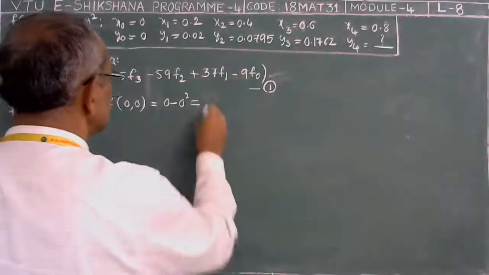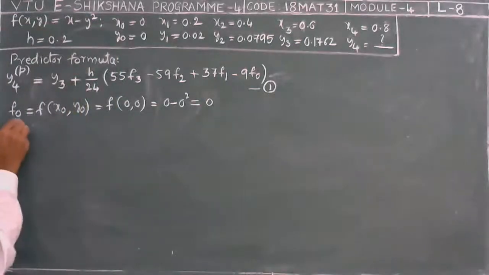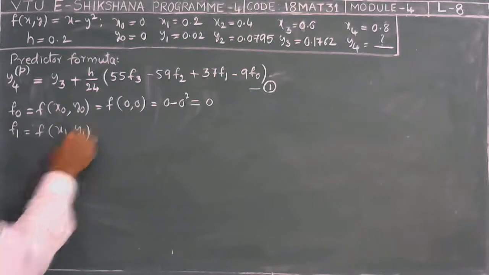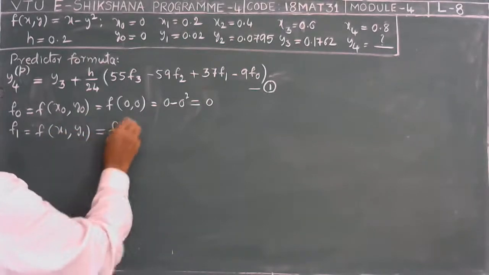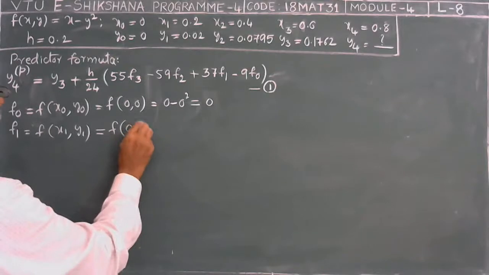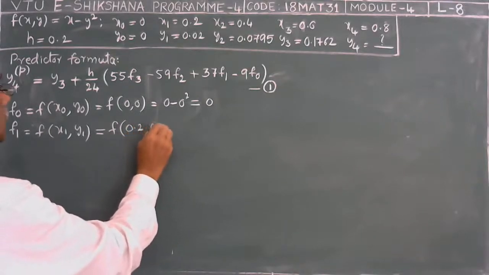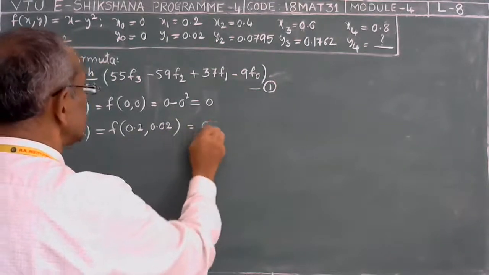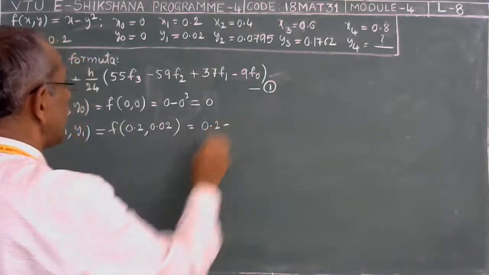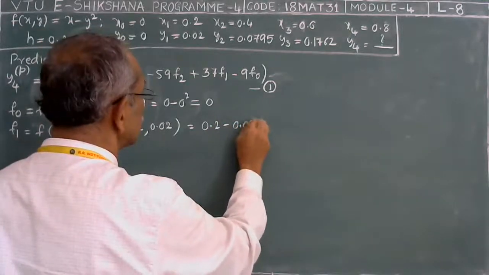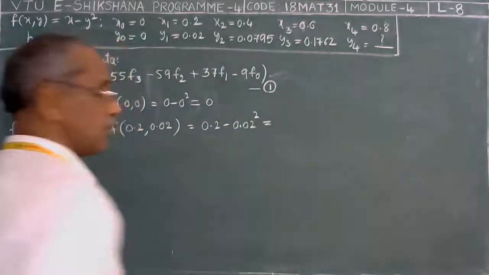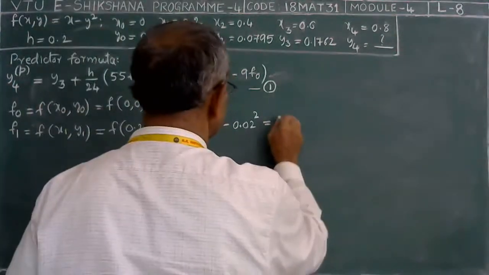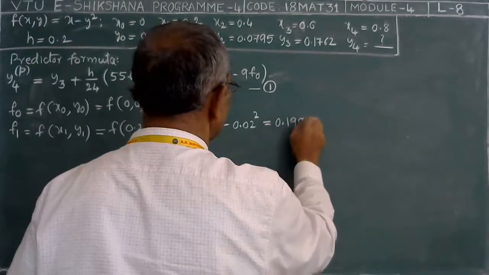Then similarly f1 is f of x1 comma y1, which is f of 0.2 comma 0.02. So by definition this is 0.2 minus 0.02 square. If you compute this, you get 0.1996.